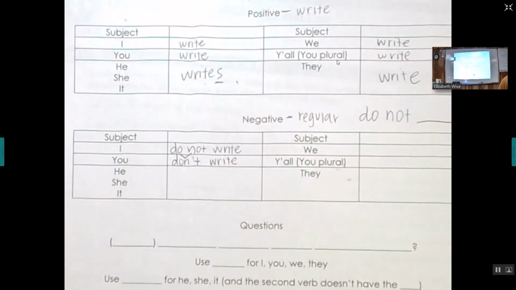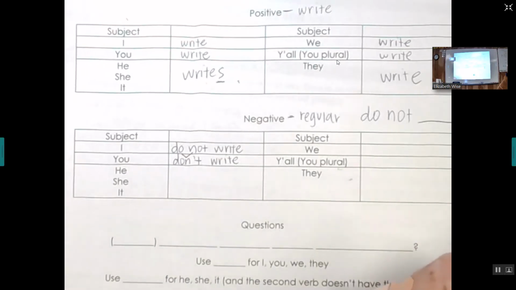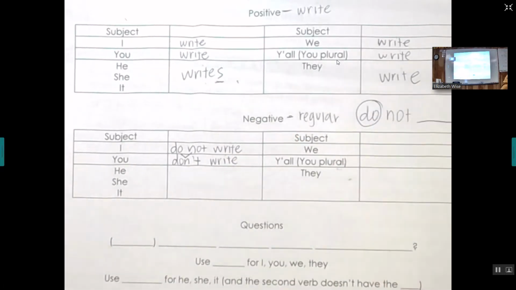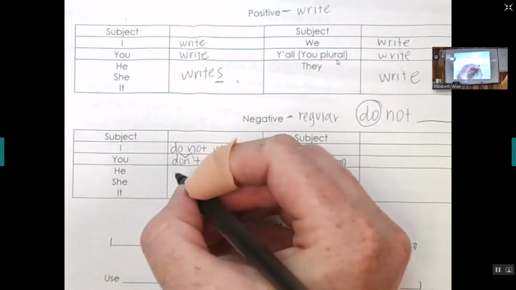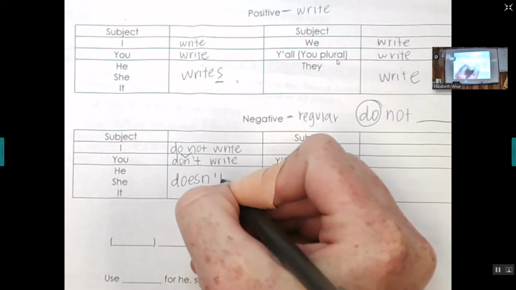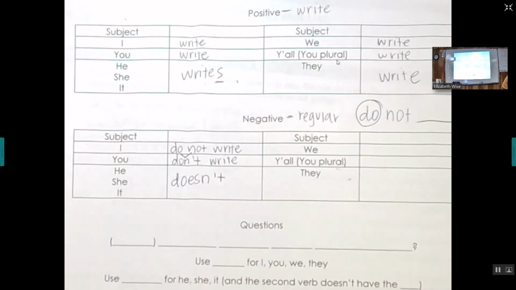Okay, now for he, she, and it, does anyone remember? We don't use don't. The do is for I, you, we, they. So for he, she, and it, we're going to say doesn't.